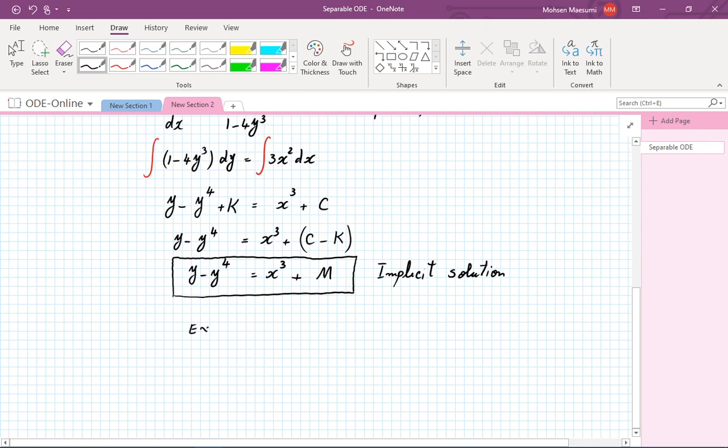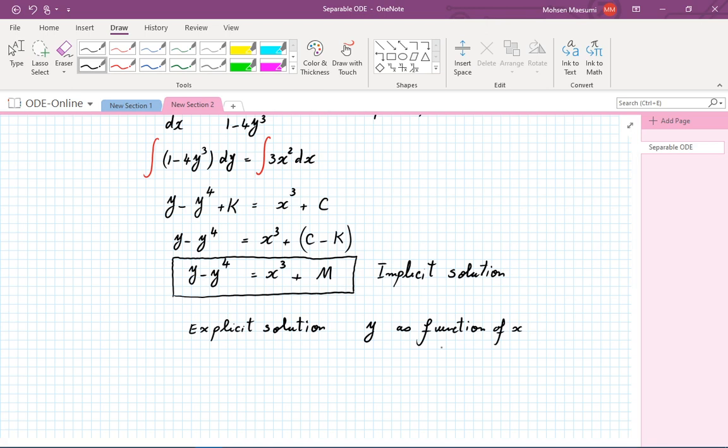So explicit solution refers to the case that you have y given as a function of x. That's the tradition, to express y as a function of x. Sometimes you might want x as a function of y. Whatever it is, either case, it has to be stated in the midst of the solve.